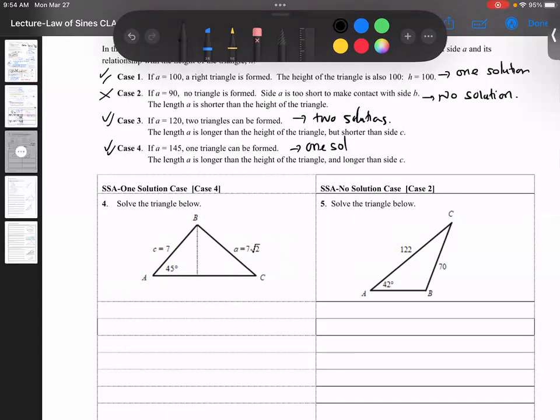If I made a mistake putting C there and A here, with little a equals 7√2 and little c equals 7, but let's say I put it right, how come you know that angle C is smaller than angle A? Yeah, because the length of A is longer than the length of C.